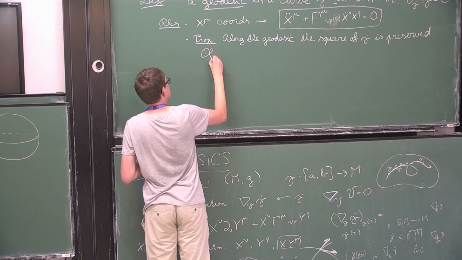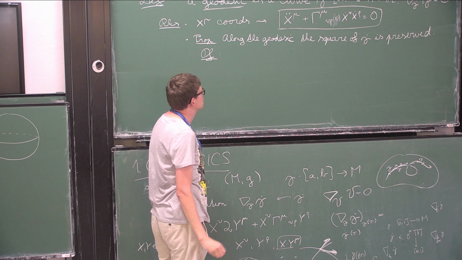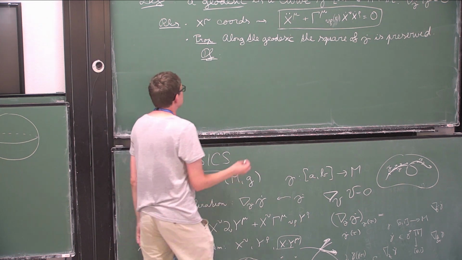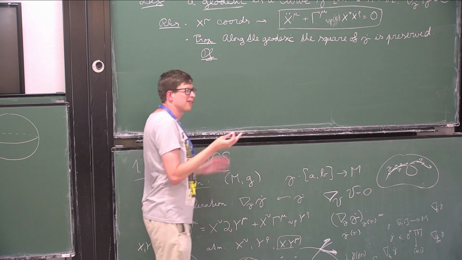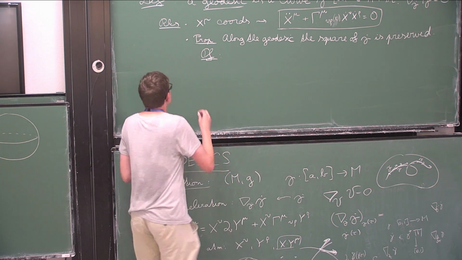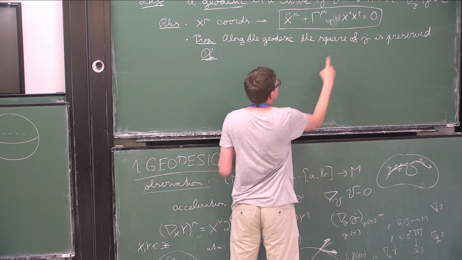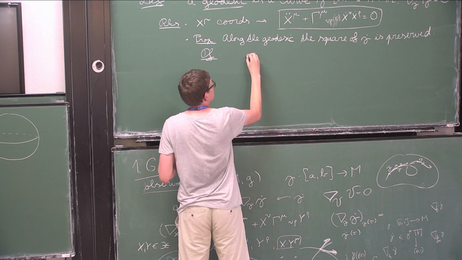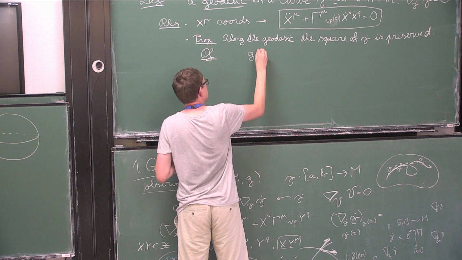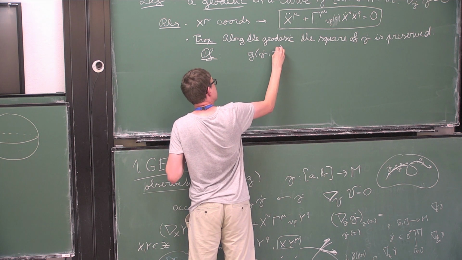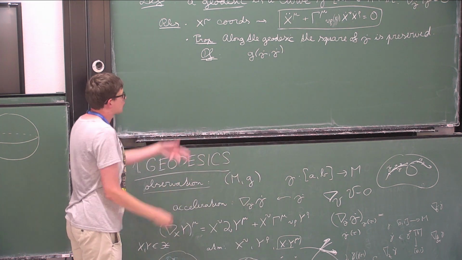A little half-line proof. What does it mean that something is preserved? It means that as you go along the curve, it doesn't change. The quantity we want to look at is the square of the velocity; take the square root and it's the norm.